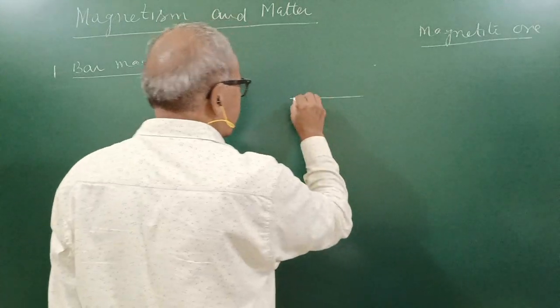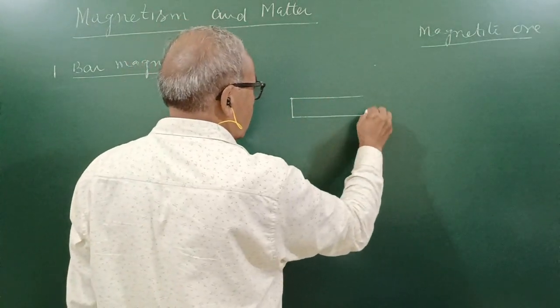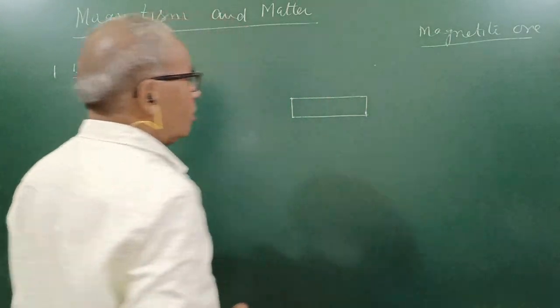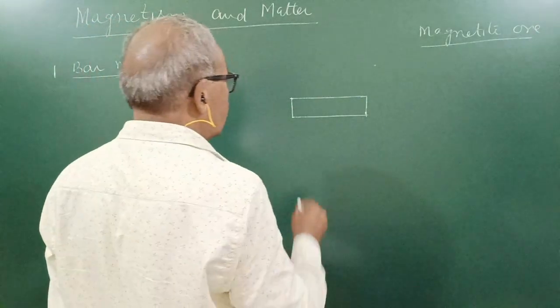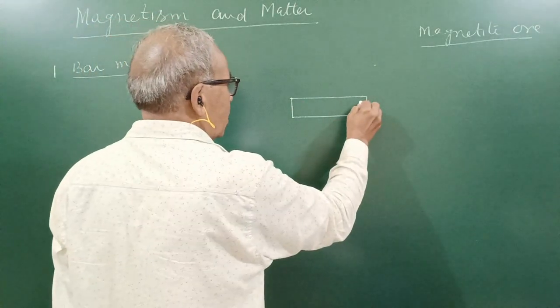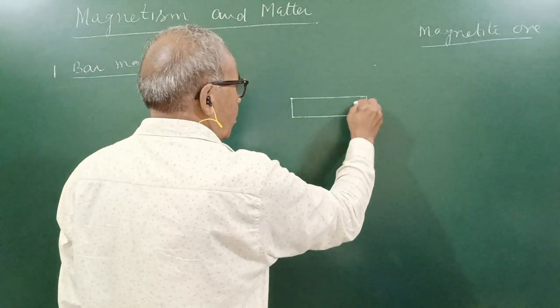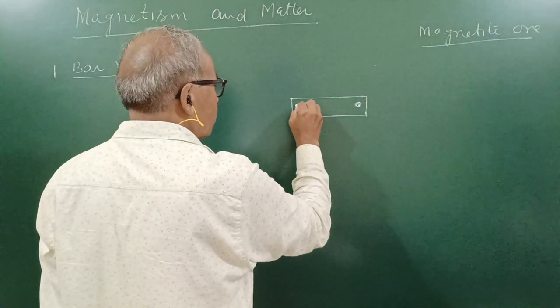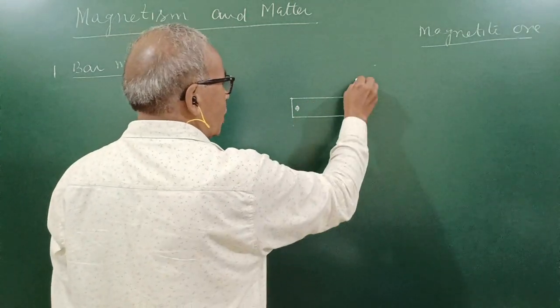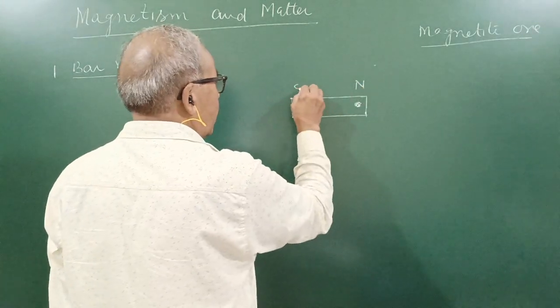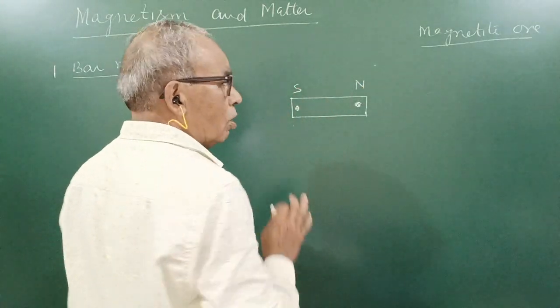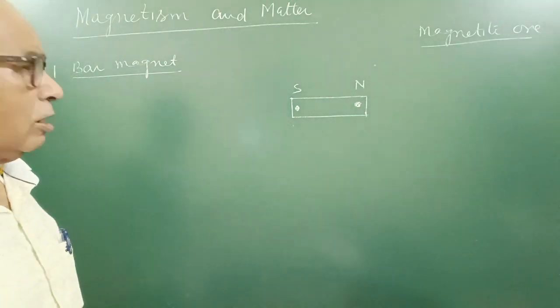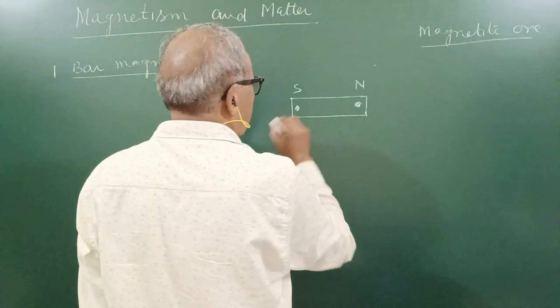Now I come to the bar magnet. Actually, bar magnets were prepared later by different methods, and it was found that bar magnets have their magnetism concentrated at poles, which are called North Pole and South Pole. Total concentration of magnetism is at the poles.